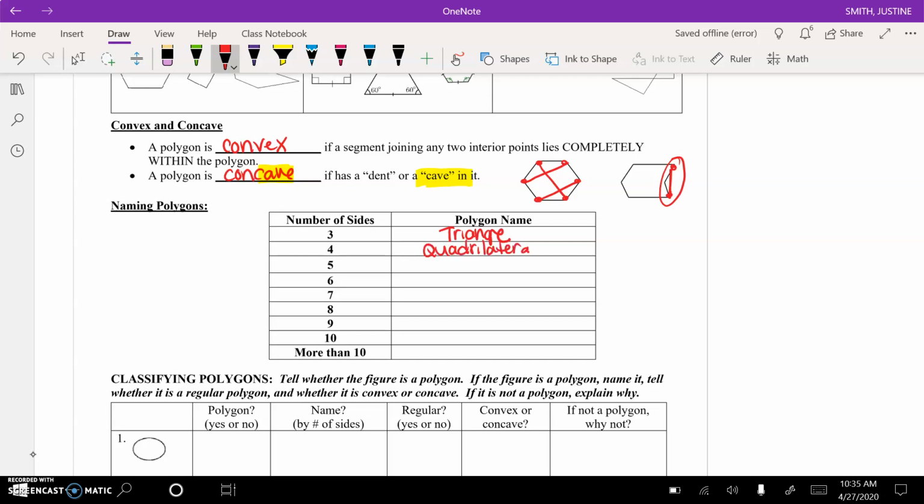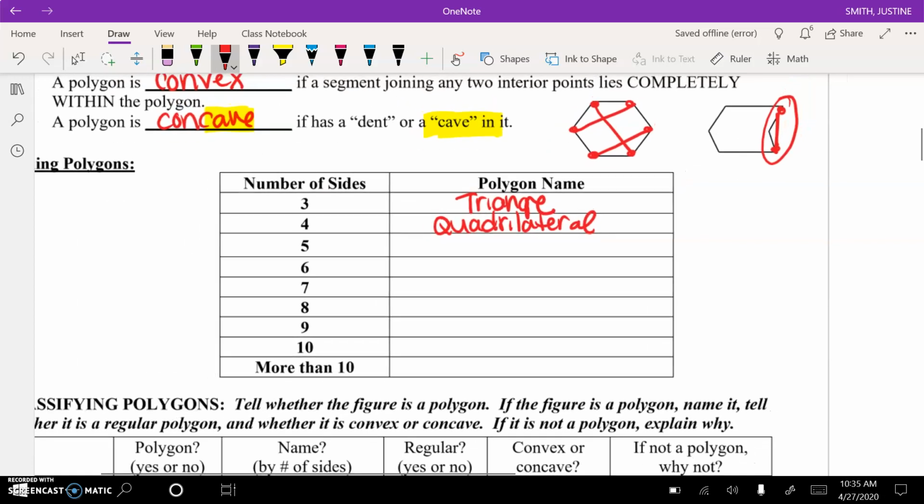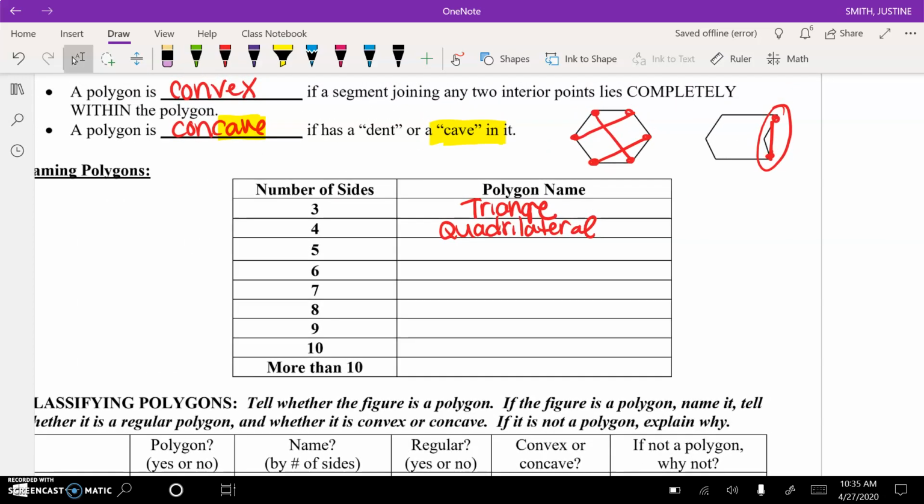Some people will say a square or a rectangle, but that's a specific type of quadrilateral; in general, a quadrilateral is 4-sided. 5-sided is a pentagon, 6-sided is a hexagon, 7-sided is a heptagon, 8 is an octagon, 9 is a nonagon, and 10 is a decagon.